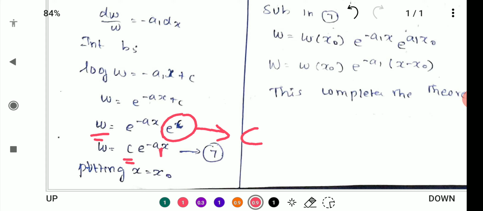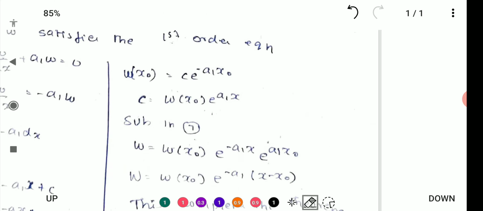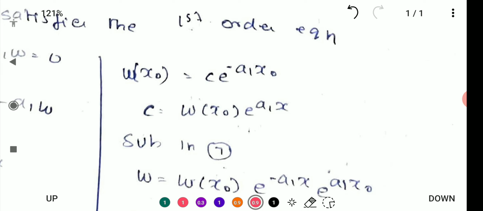Okay. After that, to find the value of c, I need to substitute x is equal to x naught. Instead of x, I am going to put x naught. So Wronskian w of x naught is equal to c e power minus a1 x naught. After that, I need to find the value of c.